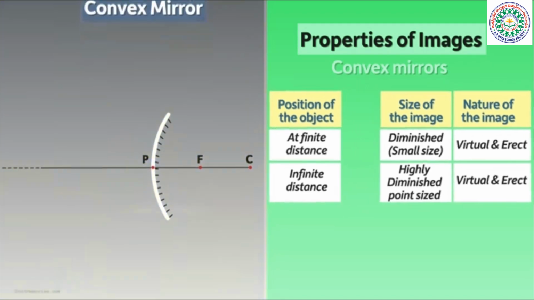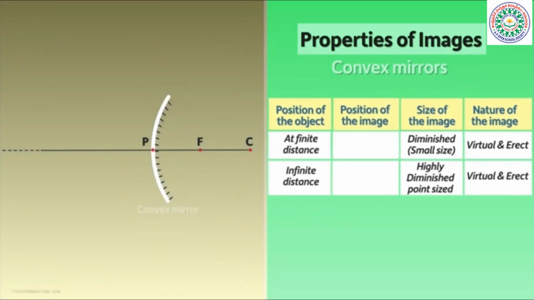We will now represent the image formed by a convex mirror using ray diagrams. Let's try to draw a ray diagram for this case first. This is when the object is at infinity. Our object will be the usual arrow and suppose it's at infinity. Now if you remember, I told you that the rays of light coming from an object at infinity are considered to be parallel to each other.